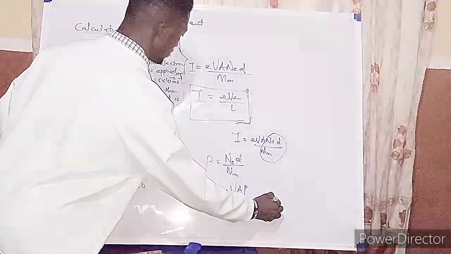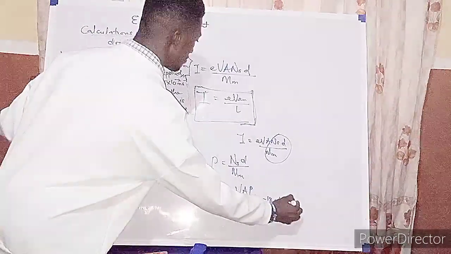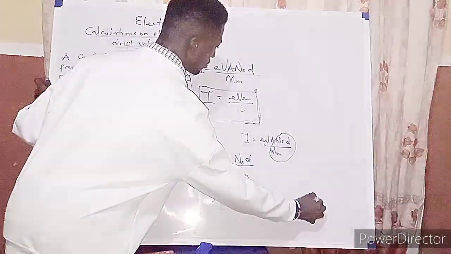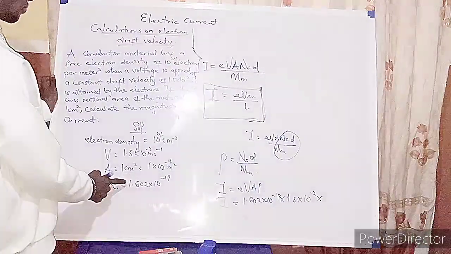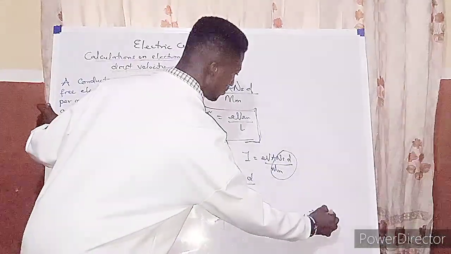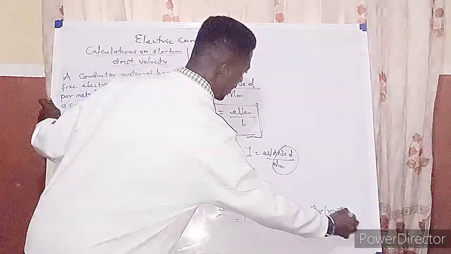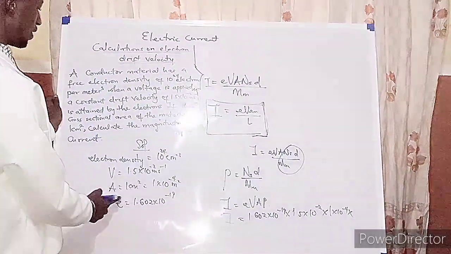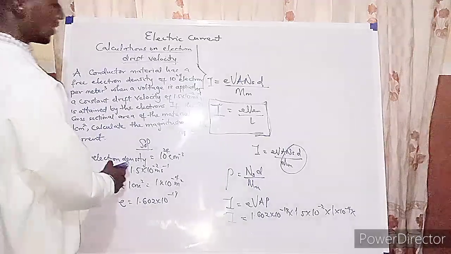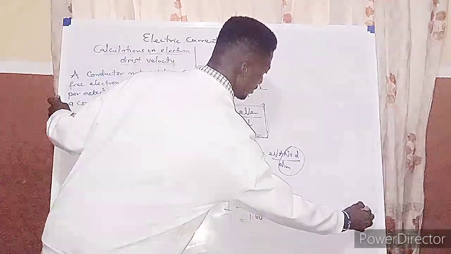Our drift velocity here is 1.5 times 10 to the power minus 2. And what do you have as our A? A is our area, which is 1 times 10 to the power minus 4. And the last thing there is our P, which is our electron density. What do you have as electron density? 10 to the power 24.